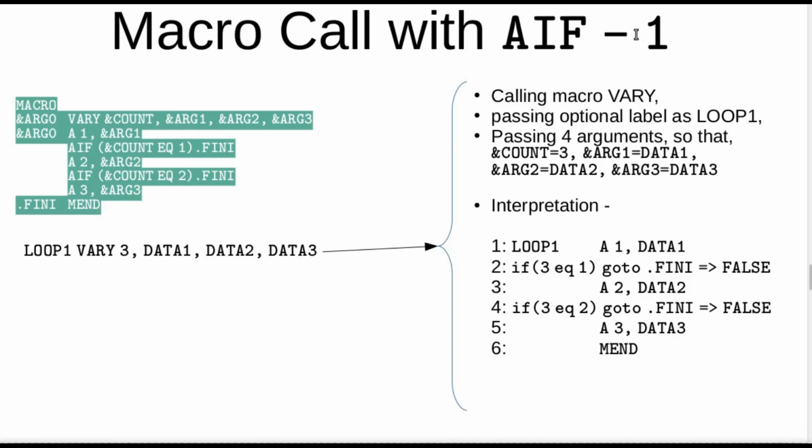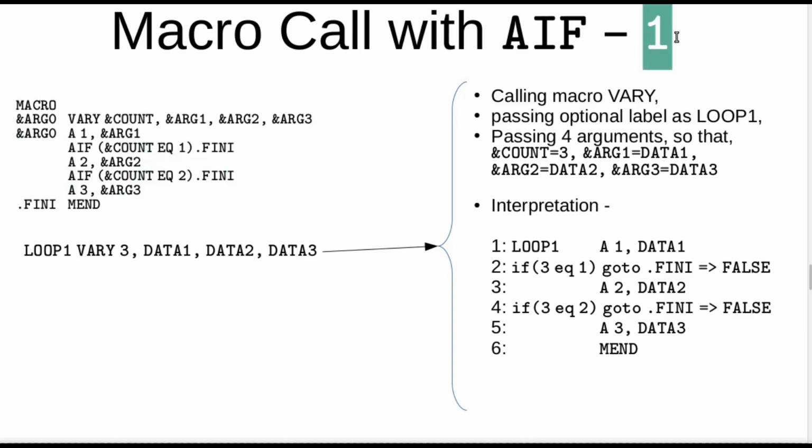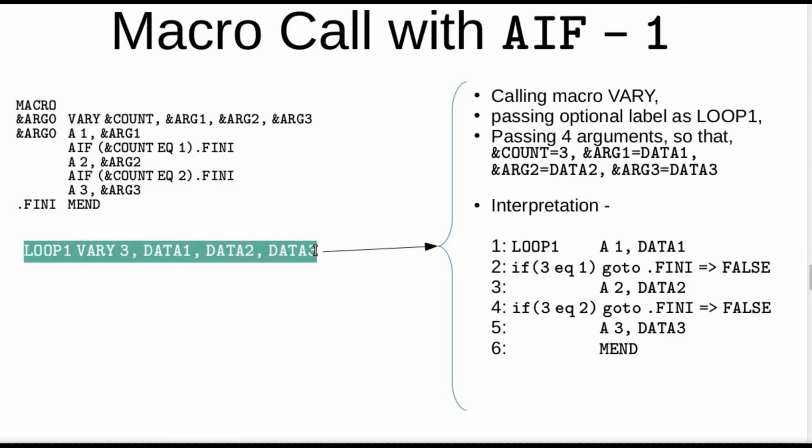The first one is example 1. Let the macro call statement be loop1 vary 3, data1, data2, data3. So this is the macro call statement.